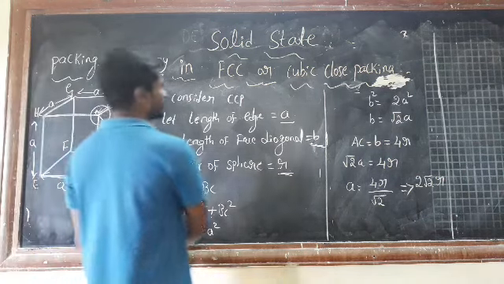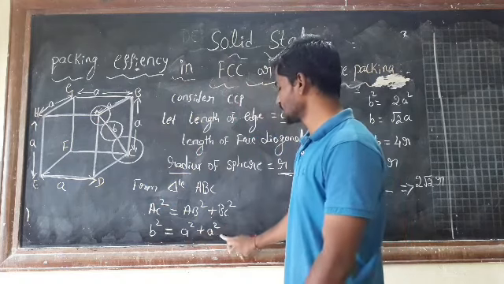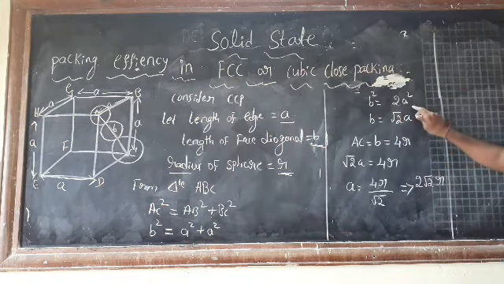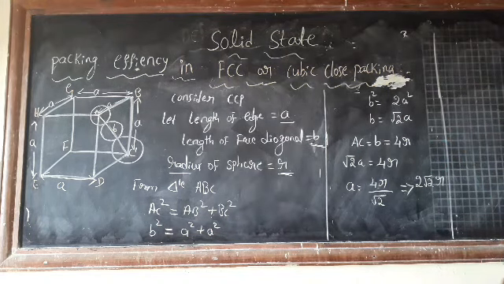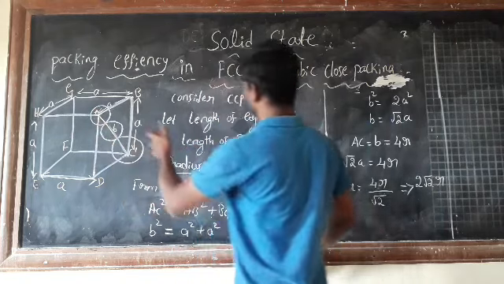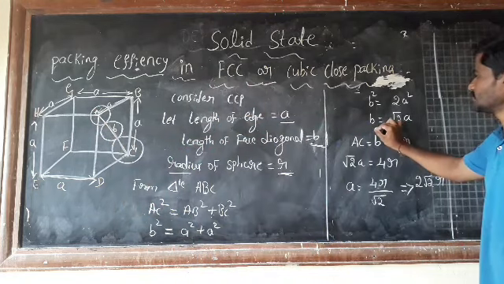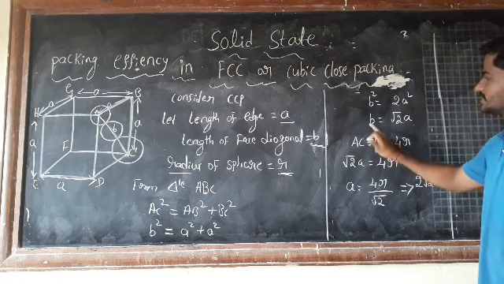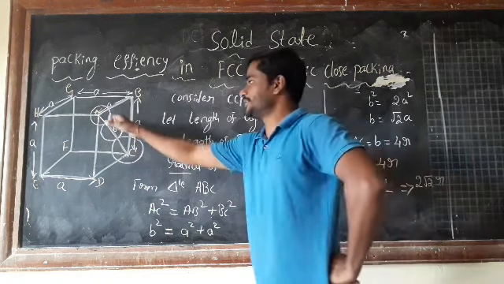So B square is equal to A square plus A square, which is 2A square. We want only the length of the diagonal B, so B is equal to square root 2 into A.